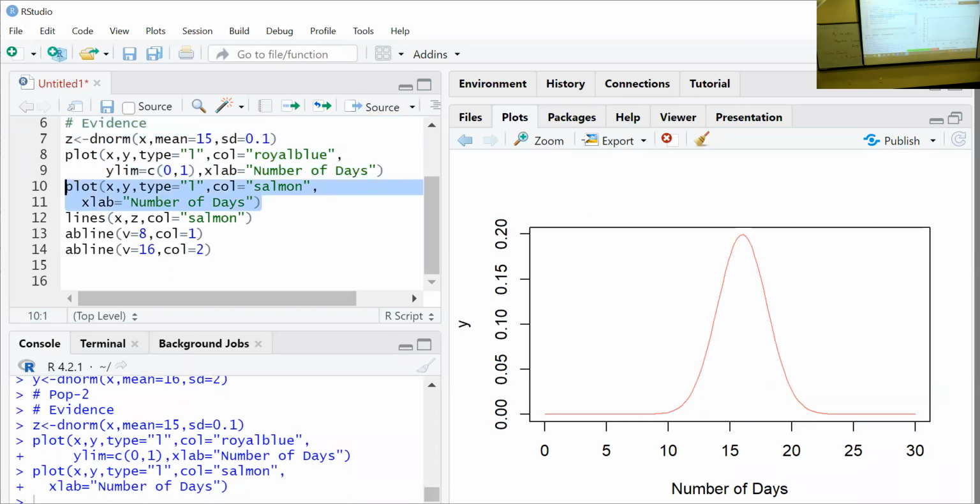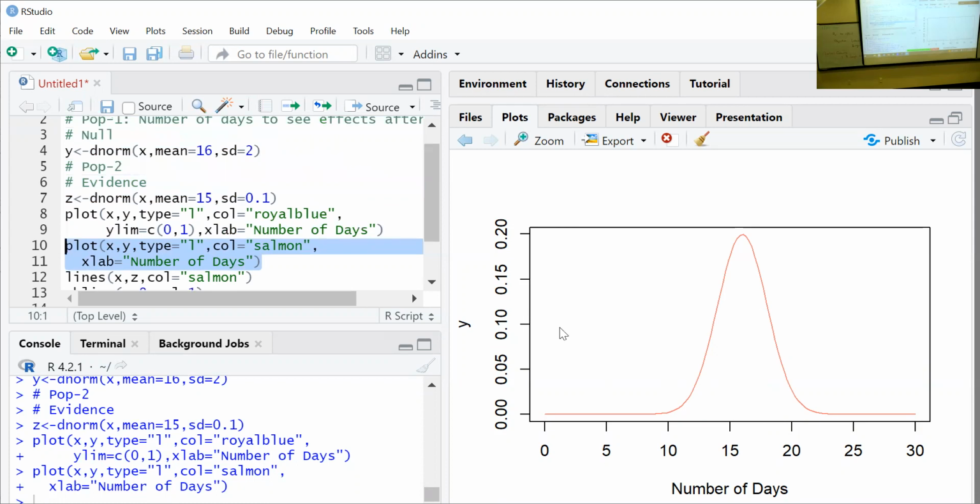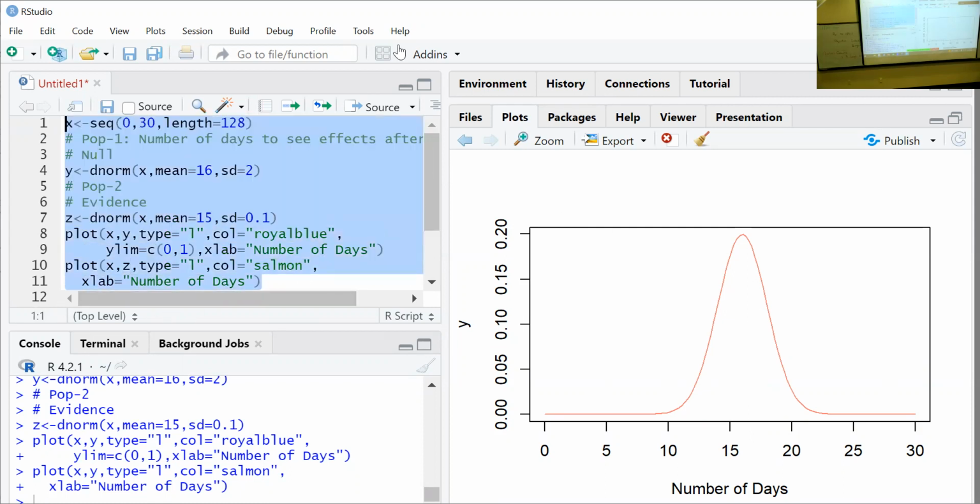Okay. So right now, it's at 15. So we agree. 15 and oops, that should be set. 16.